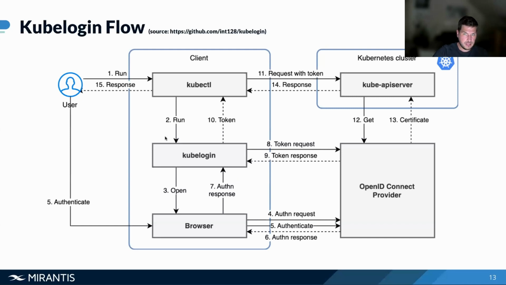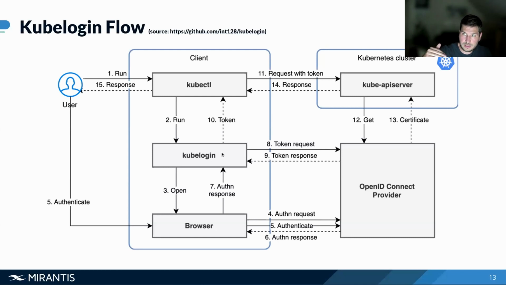So what in fact happens when you run this login is that first Kubelogin opens the browser. It will send an authentication request to your identity provider. You will also authenticate there. You will get a response back, and then later on also an authentication response. Remember, what really happens under the hood is you first land on Azure AD where you put your credentials.